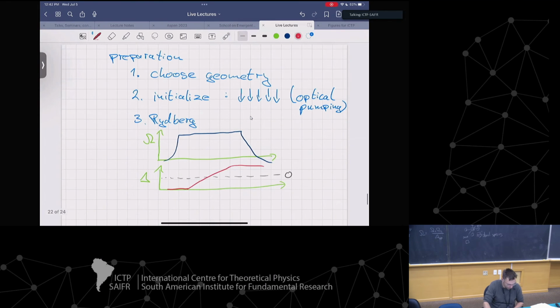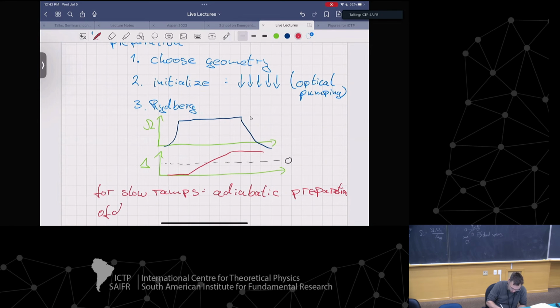And okay, here, what is important for slow ramps, what we are doing is an adiabatic preparation of the desired phase.